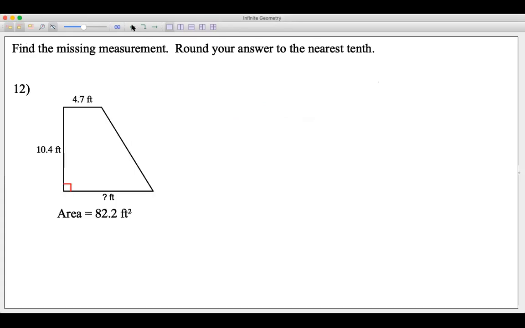All right. Somebody wanted to see 12. So who was it? Walk me through it. A is equal to... No, I meant formula. A is equal to... It is... What do we know?